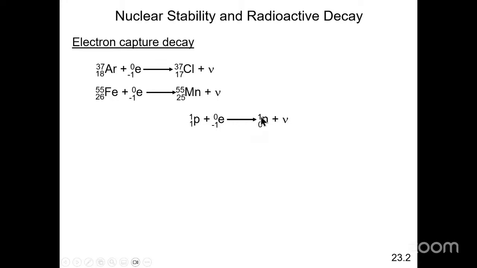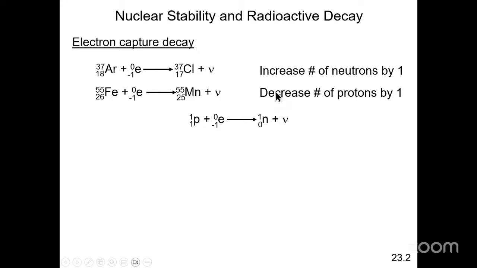The mass number doesn't change, so therefore chlorine-37 will have the same mass number as argon-37, and manganese-55 will have the same mass number as iron-55. So that's what happens. There's an increase in the number of neutrons when this happens, but the number of protons will decrease as well. All right, but the mass numbers will not change.